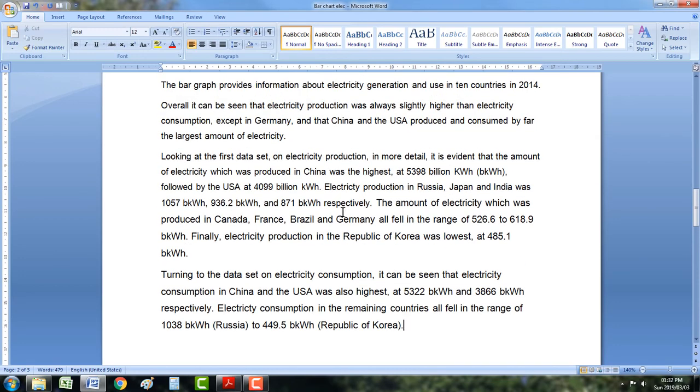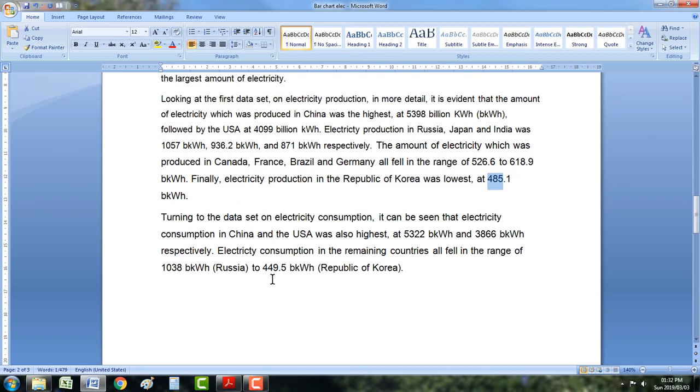How many numbers have I got? 1, 2, 3, 4, 5, 6, 7, 8, 9, 10, 11, 12. And I usually recommend that you try and go for about 12 numbers. If there are less than 12 numbers, you must say all of them. But generally speaking, 12 numbers is about how much you want to go.